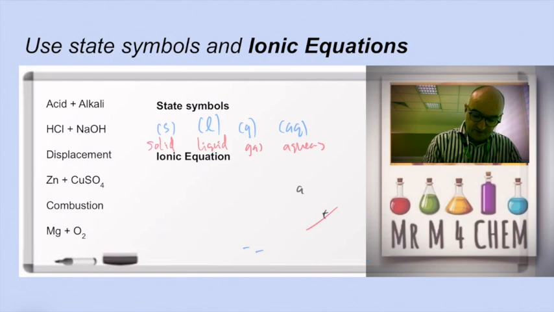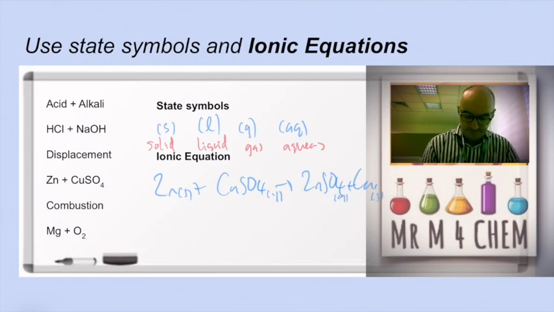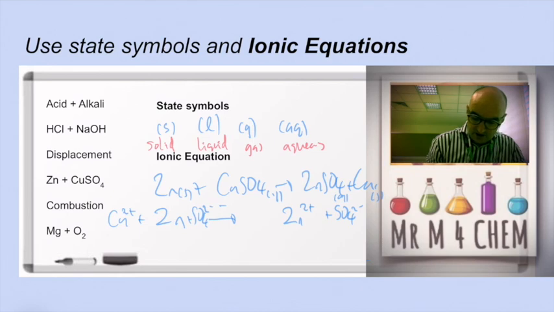The next one is a straight up displacement reaction, where it's just the most reactive metal displacing a less reactive metal. Zinc plus copper sulfate is going to make zinc sulfate plus copper. Zinc is solid, copper sulfate is aqueous. This is aqueous and copper is solid. So what's happened? Well, zinc has gone to zinc 2 plus, SO4 2 minus, and copper here has gone from copper 2 plus, don't forget the SO4 2 minus, and it's gone to being copper.